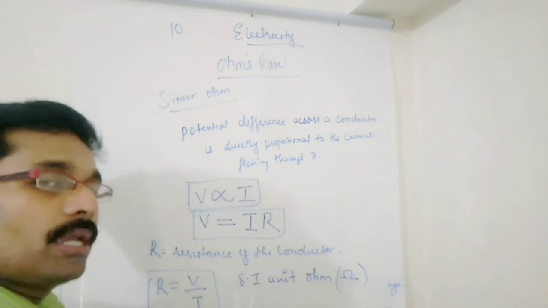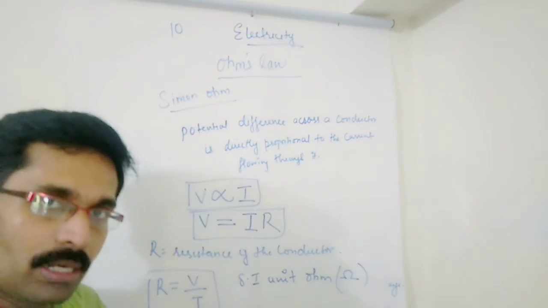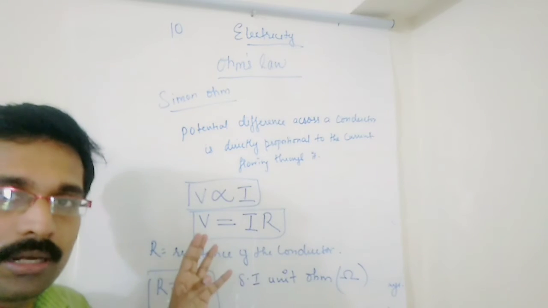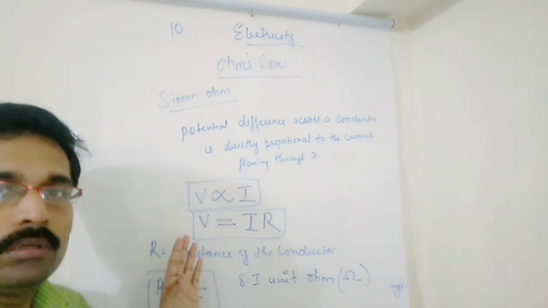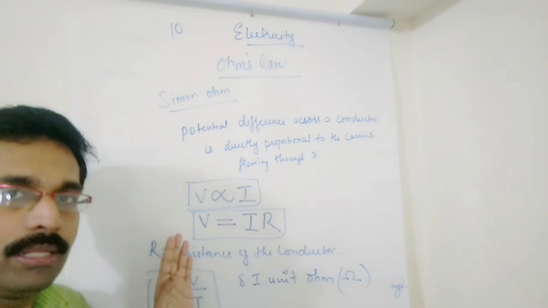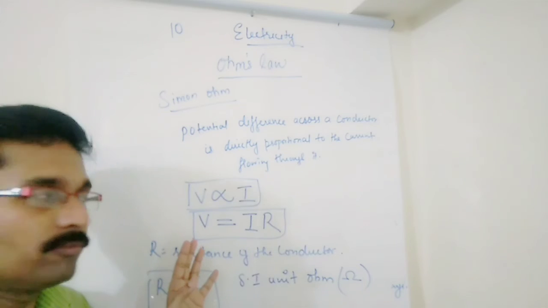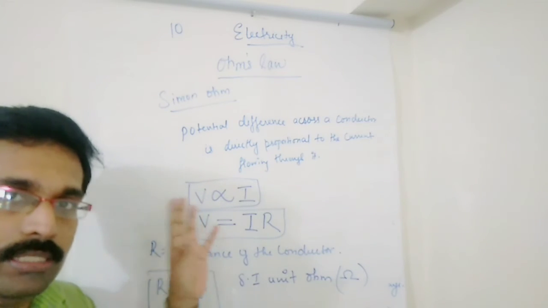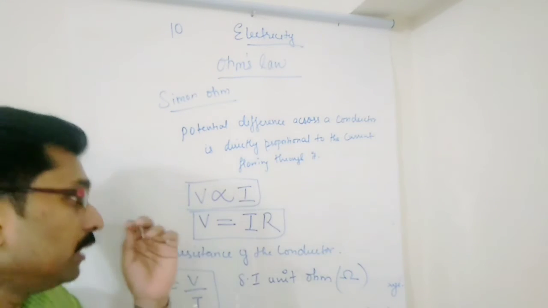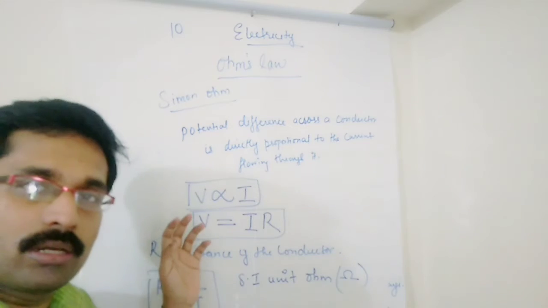So once again I will revise it from the beginning. We have done with current. We know I is equal to Q by T, Q is equal to IT. Fine. And we have found the SI unit for current is ampere. Then we came to potential difference or electrical potential.